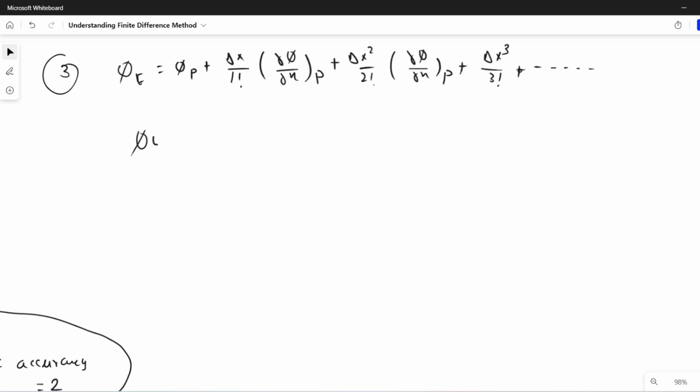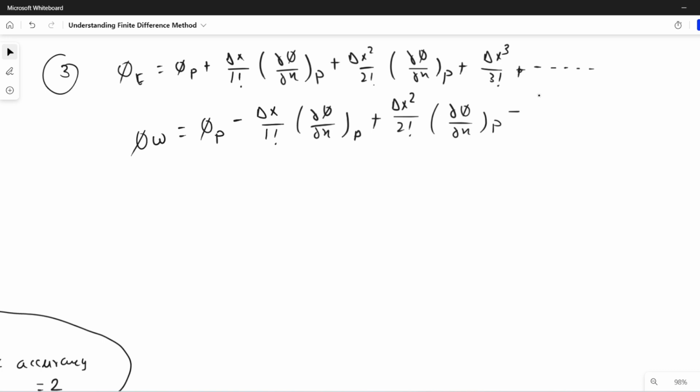My equation 2 was phi w equal to phi p minus delta x upon 1 factorial dou phi upon dou x at point P plus delta x square by 2 factorial dou square phi upon dou x square at point P minus delta x cube by 3 factorial dou cube phi upon dou x cube, plus other terms.